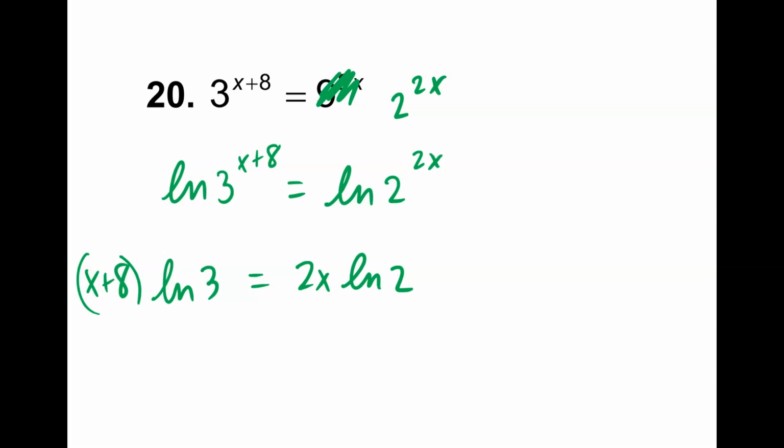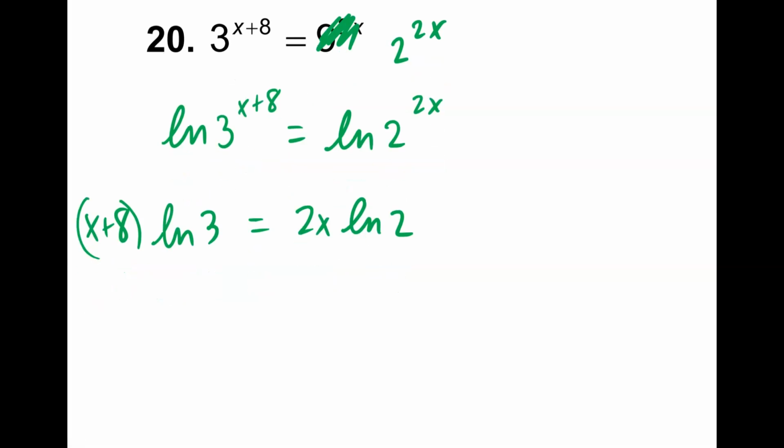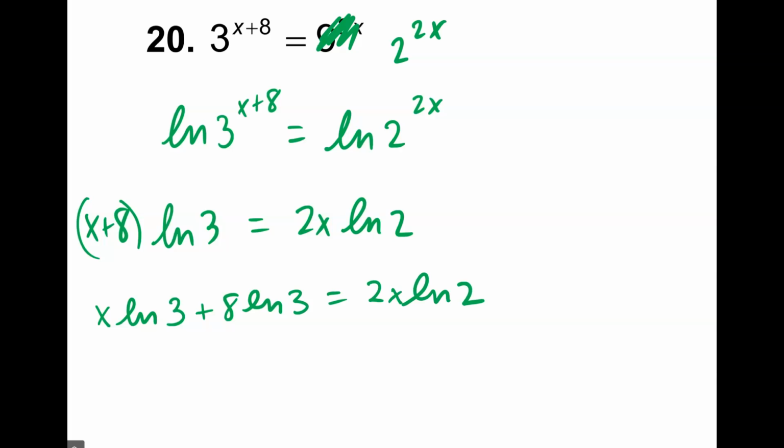Remember how if we had two different bases, take ln of both sides, you have to distribute the ln. This is the one where x can be a crazy answer. Yeah, it's a bunch of ln's together.